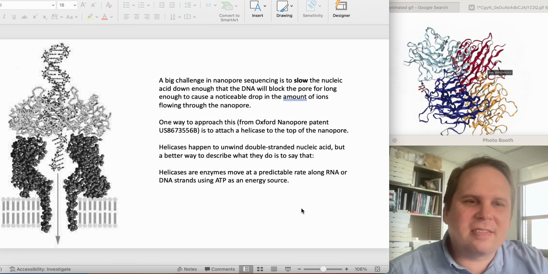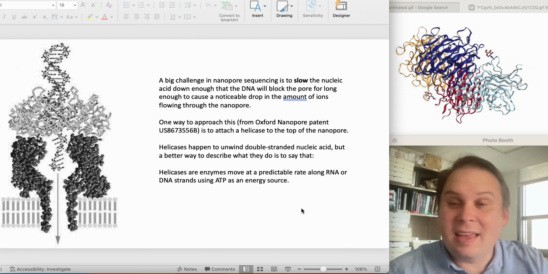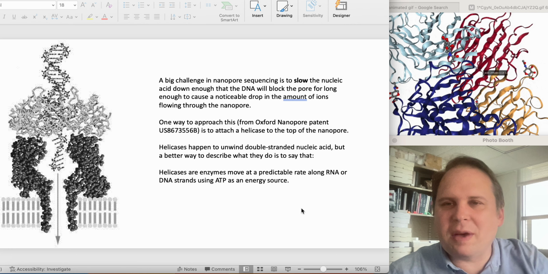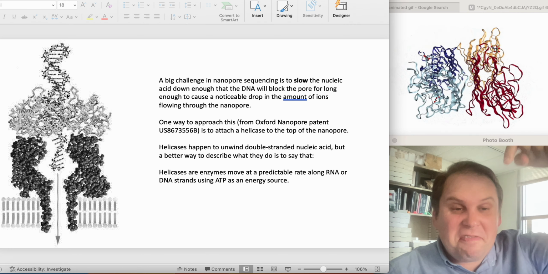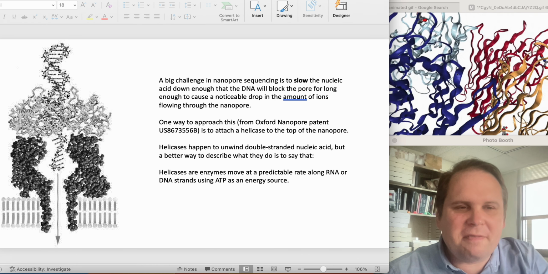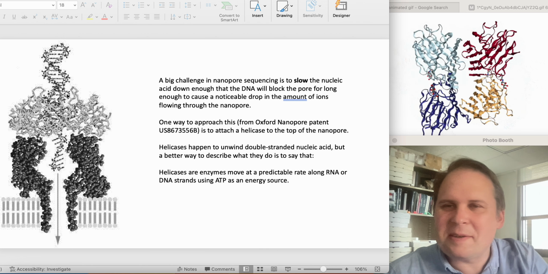So we need something to slow down the speed at which these go in. One of the ways to do it, and there are many different ways, is to put a protein on there like a helicase, and that will feed the nucleic acid in at a very reproducible, reliable rate that's not too fast.